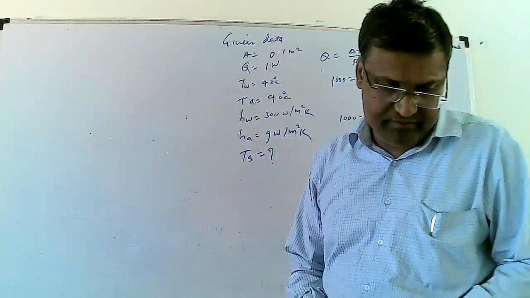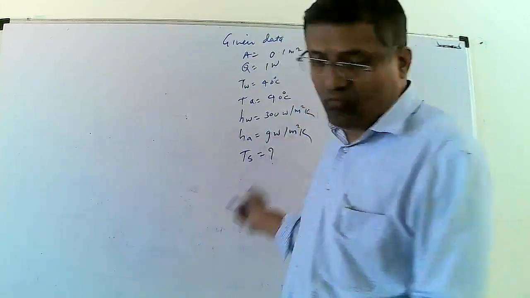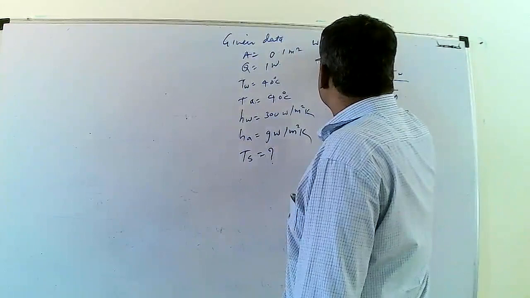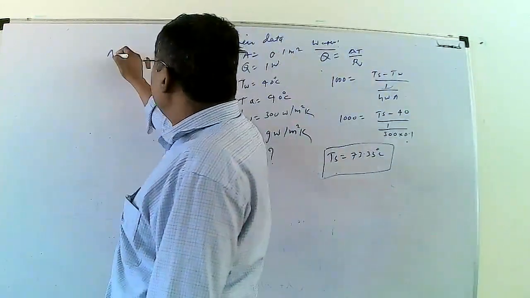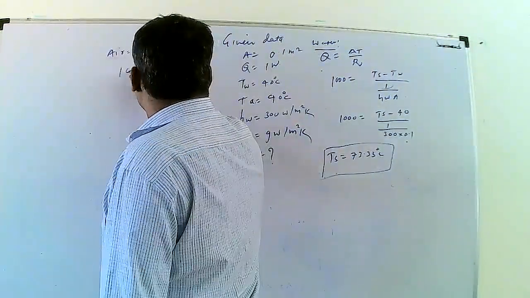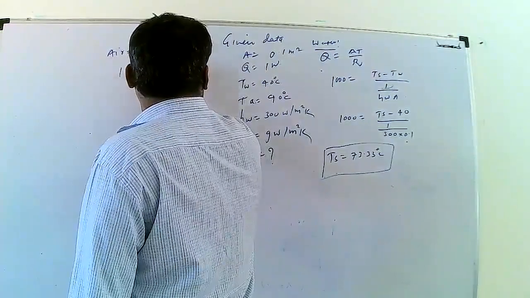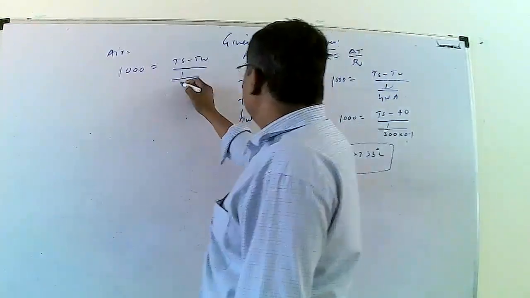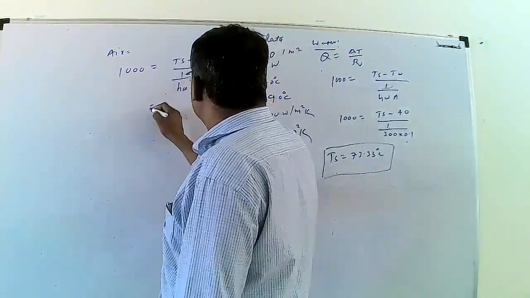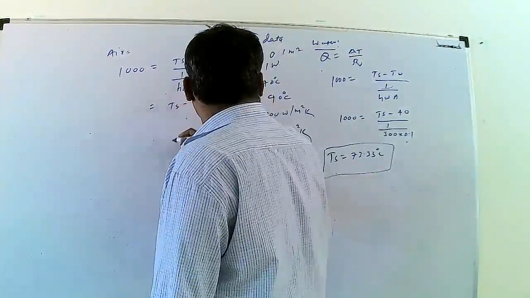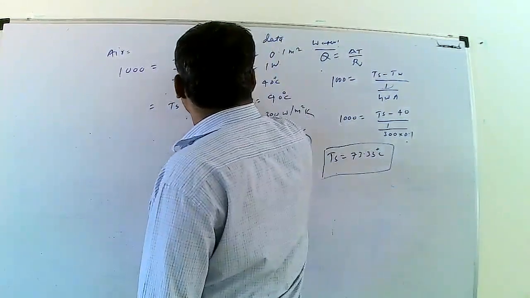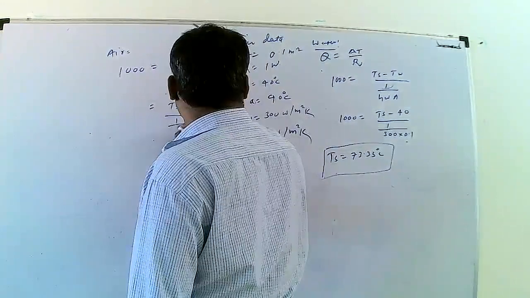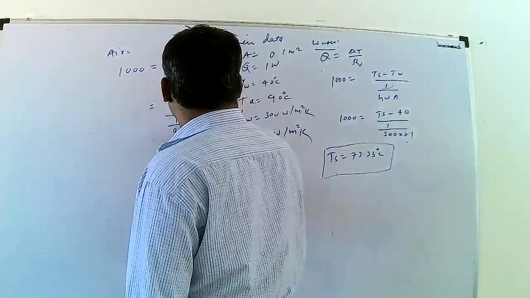Then we calculate for air using the same formula: 1000 equals (TS minus TA) upon 1 upon hA into A, that is TA 40 upon 1 upon (9 into 0.1).